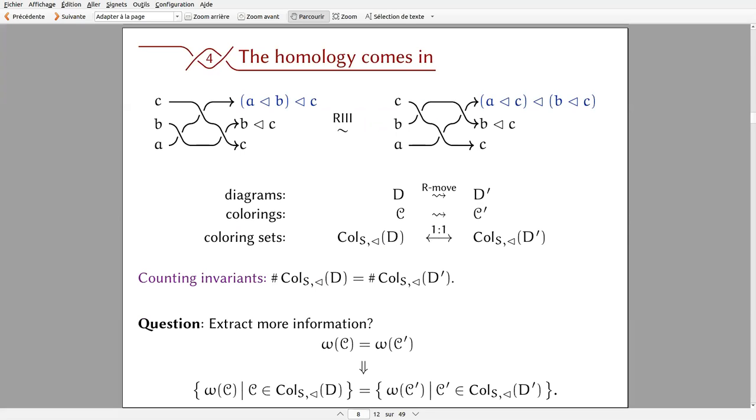Now you can ask yourself whether you can have something more subtle. We would like to associate some mathematical object, a number, for example, to each coloring, such that when this local Reidemeister move happens, the number you computed out of your original coloring is the same as the number computed from your final coloring.